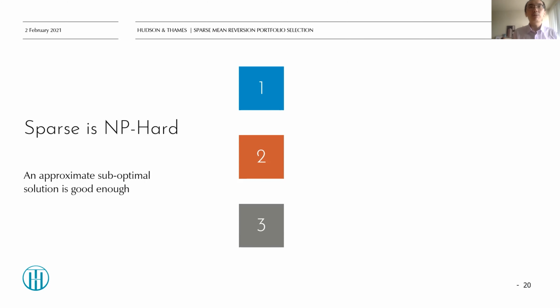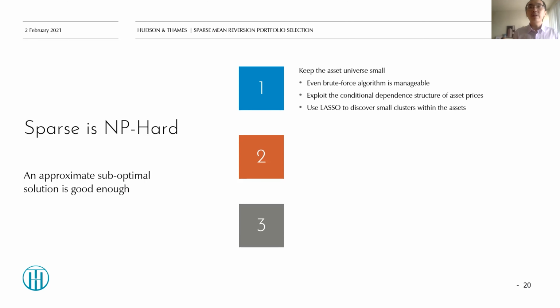So here we have three approaches. The first one is to keep your asset universe small. If we can find a way to narrow down our asset universe, even the brute force algorithm is manageable. Here we're talking about probably less than 10 assets. To achieve this, we want to exploit the conditional dependence structure of asset prices, and we will use lasso models to discover small clusters within the assets.